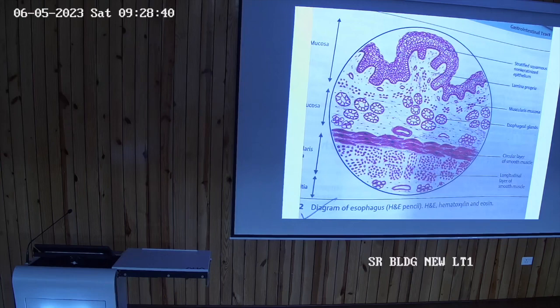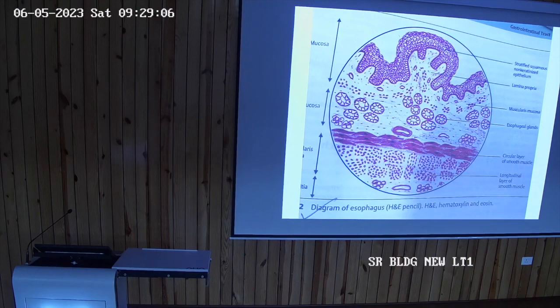This muscular tube is lined, again, by stratified squamous non-keratinized epithelium. It has the lamina propria, that is this part, and below that the muscularis mucosa and then the muscularis externa.